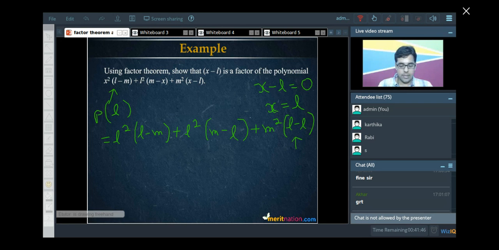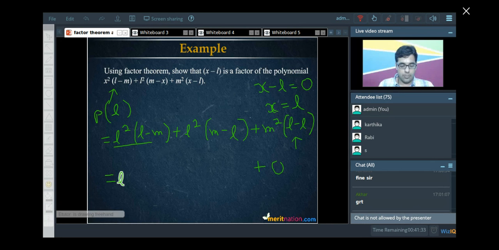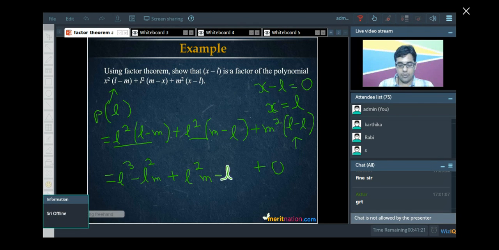So this third term will become 0, because L minus L is 0, and 0 multiplied by m square becomes 0. Plus, now this becomes L cube minus L square m, then plus L square m minus L cube.